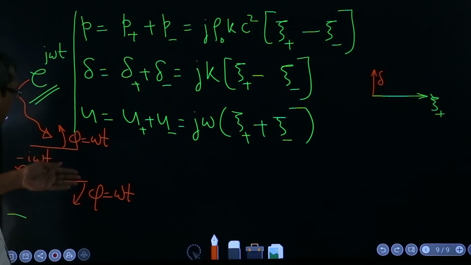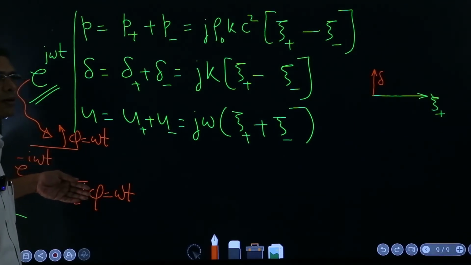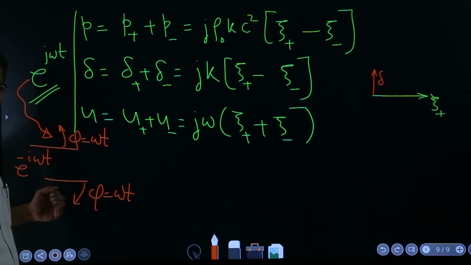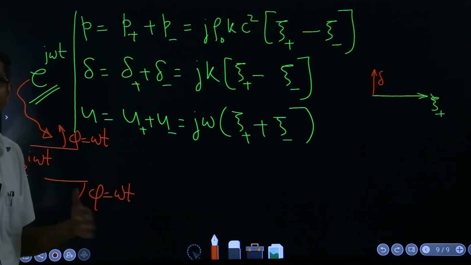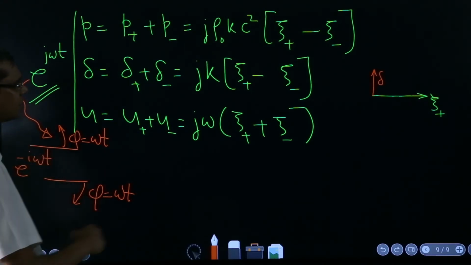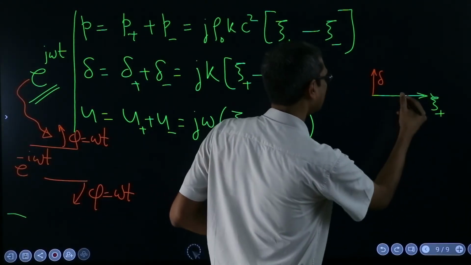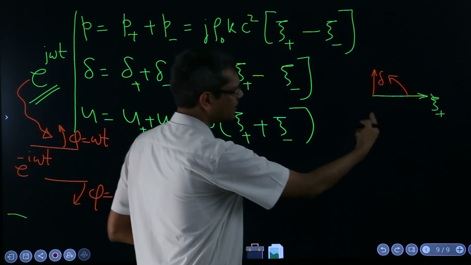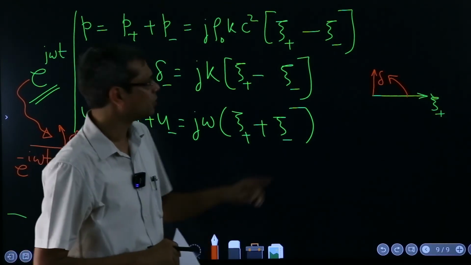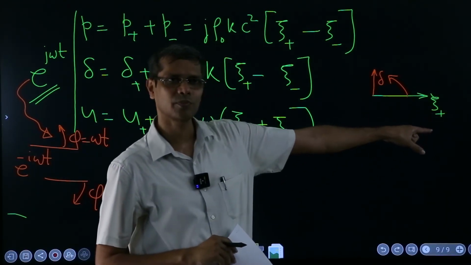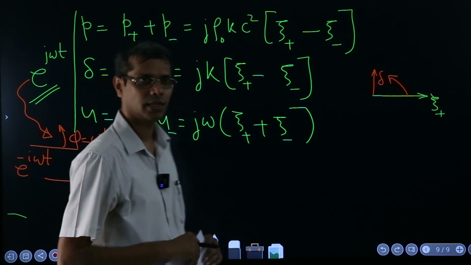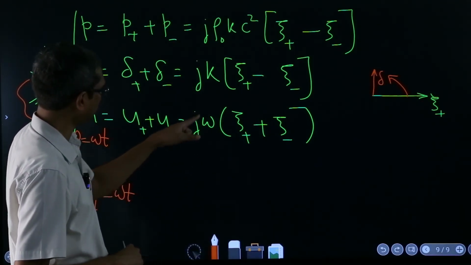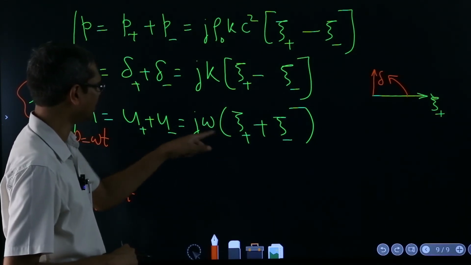So, these are the directions of movement which will be used to tell or use the word lag and leading. Okay, let us see first about this. Because the condensation delta is in this direction, delta is leading the displacement by 90 degree. Similarly, u also is leading the displacement by 90 degree.